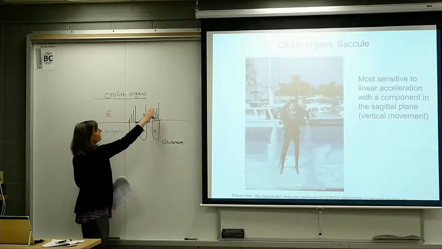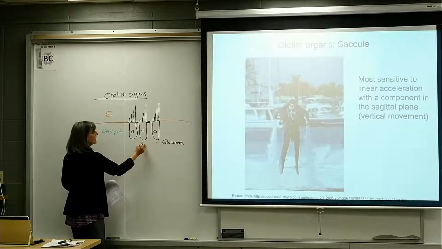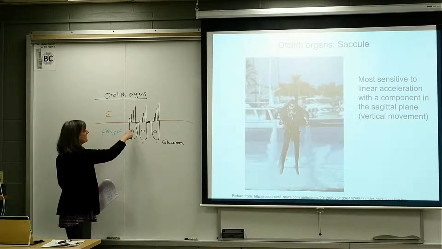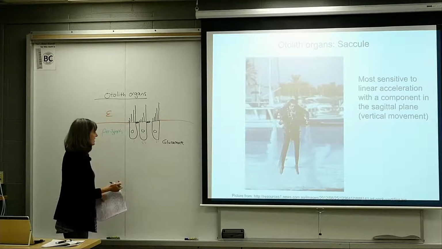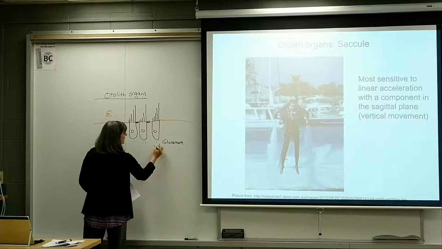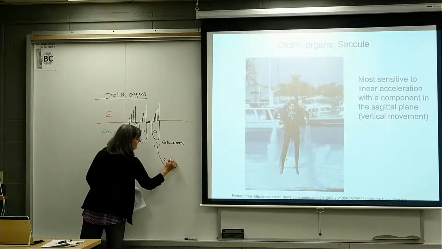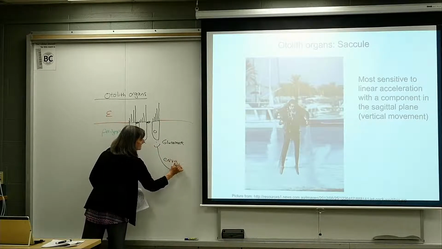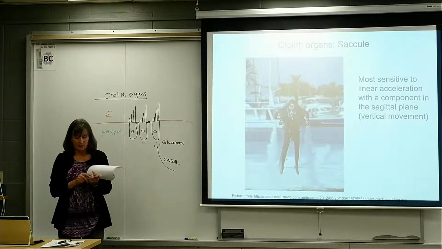So when the hair bundle is not being moved back and forth, there's a little bit of glutamate coming out. Depolarization is going to increase that glutamate. Hyperpolarization is going to decrease that glutamate. And they are going to talk to specific fibers in cranial nerve 8, which is the vestibulocochlear nerve. So a lot of similarities there.